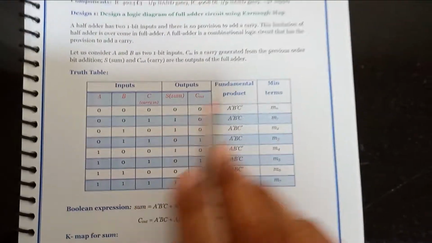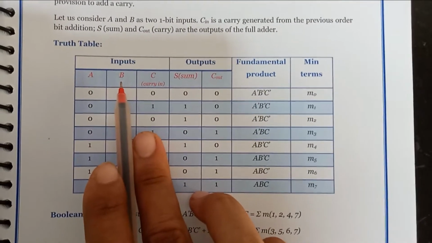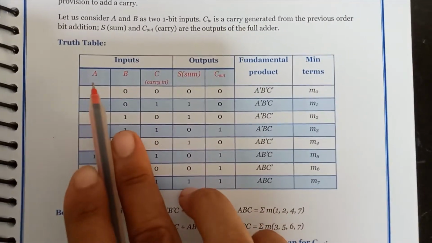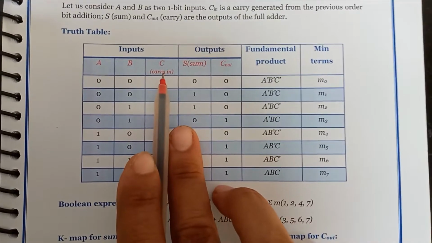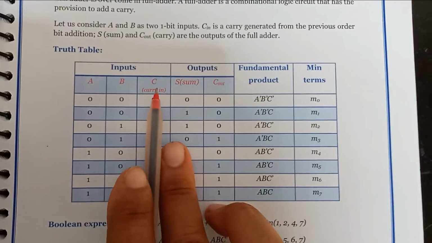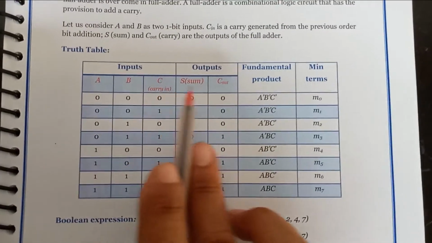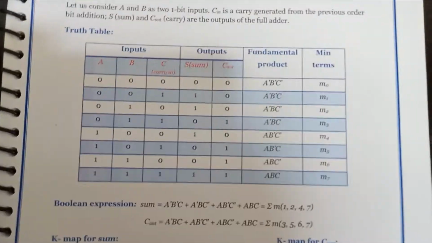For a full adder circuit you will have two inputs A and B. And if A and B generate a carry, that can be assumed as a third bit, and all three bits can be summed.